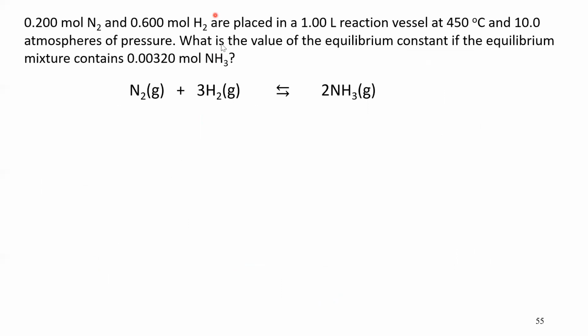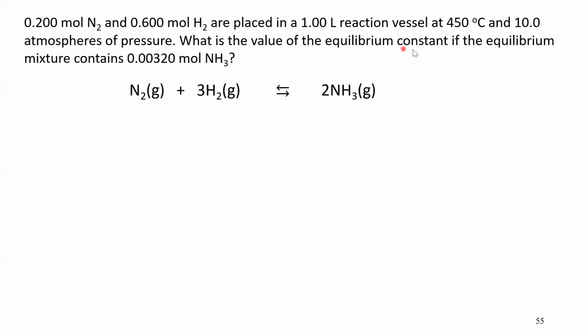So here, it tells us that we take 0.200 moles of nitrogen gas and 0.600 moles of hydrogen gas in a 1 liter container, and the pressure is 10.0 atm. What is the value of the equilibrium constant?